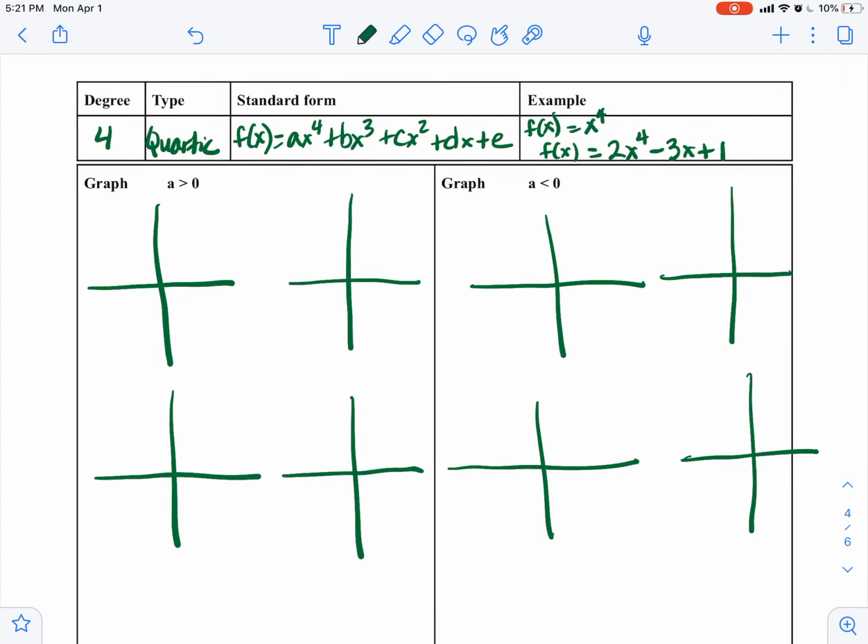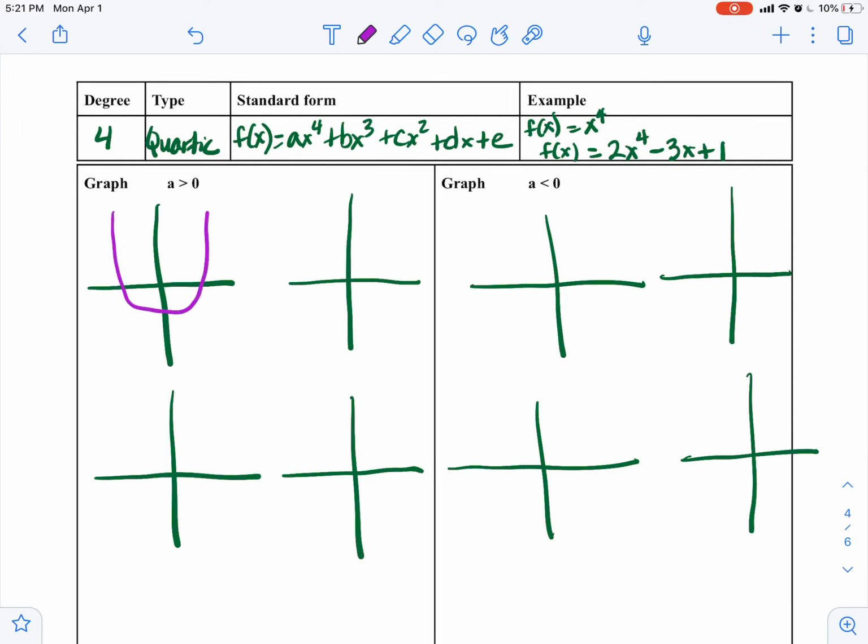Now, let's talk about what the graph of a quartic looks like. There are so many different forms of what a quartic looks like, so I'm just going to give you the ones that illustrate your solutions. The first one: a lot of your quartics look almost like a parabola.